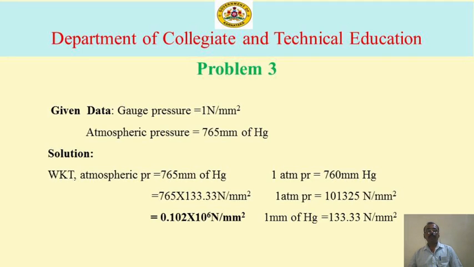So 765 multiplied by 133.33 Newton per millimeter square is equal to 0.102 into 10 to the power of 6 Newton per millimeter square. So this is the answer in Newton per millimeter square.